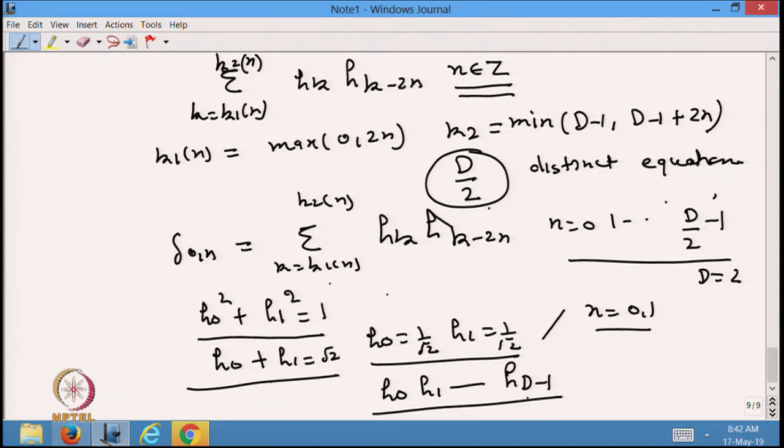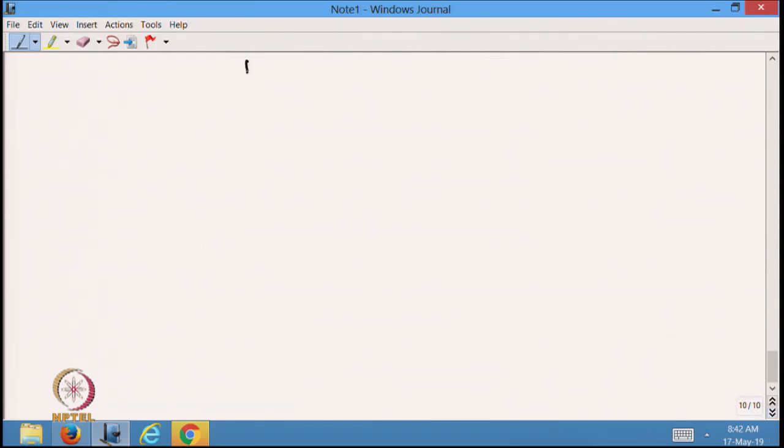So, total we have d by 2 plus 1 distinct equations so far. How many equations do I need? I need the total to be d. So, I need the remaining equations.